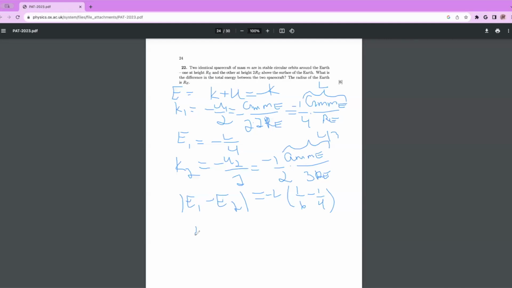So the answer is, I believe, 1/12 of this quantity right here. This should be the difference in total energy. I probably should have derived the kinetic energy using the centripetal motion approach, but regardless, this formula is very handy, so it works. And we have an answer.